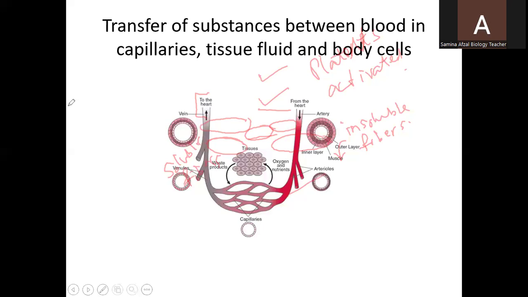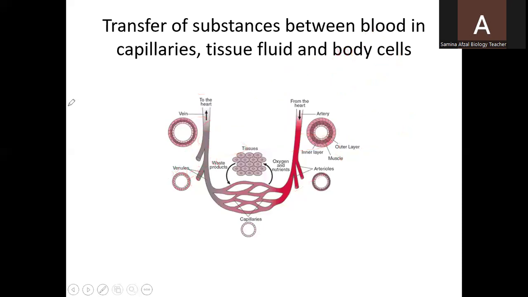In the next slide, we will discuss the transfer of substances between blood in capillaries, tissue fluid, and body cells. Here you can see veins, in the form of the vena cava, will take the blood towards the heart, and the arteries will carry the blood from the heart towards the body parts. Where there is exchange of gases, there will be the capillaries.